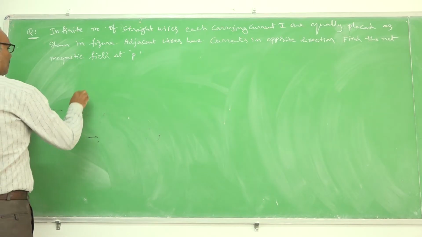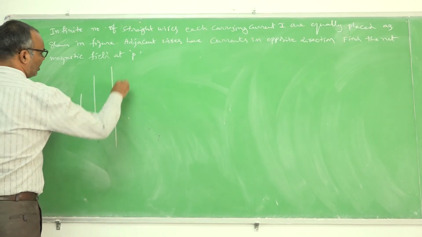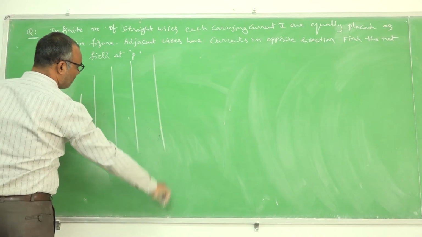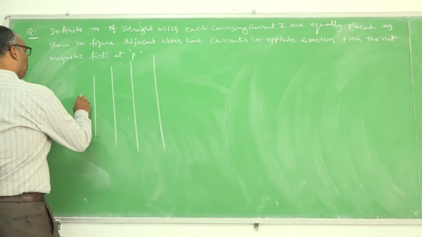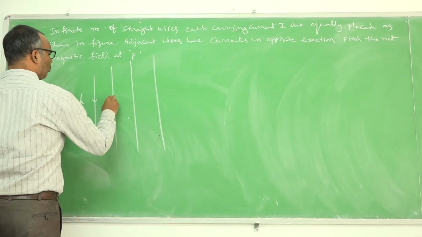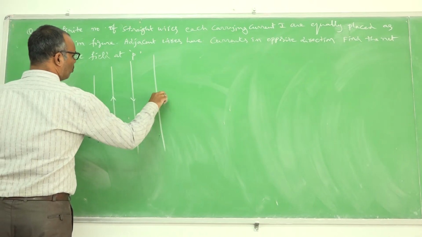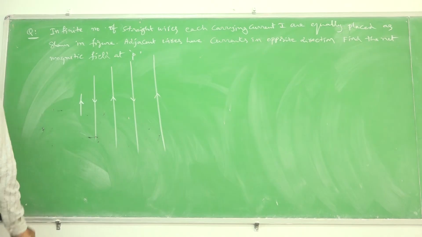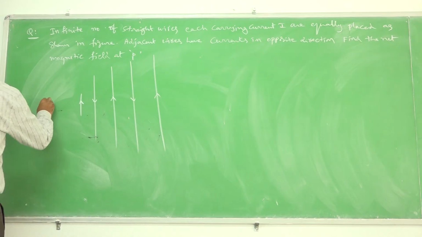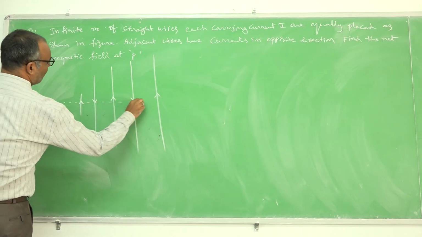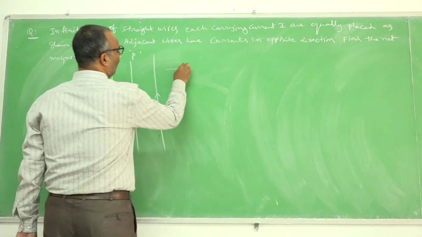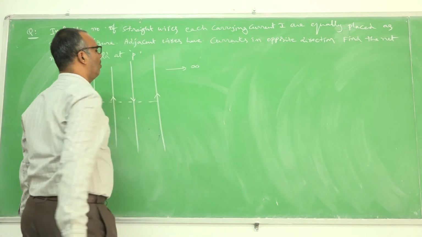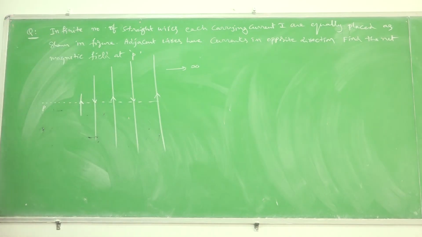Here we have an infinite set of wires like this. The first wire is carrying current in the upward direction, the second in the downward direction, then upward, downward, upward, like this. Here is a point P. Here you have an infinite number of wires arranged like this.